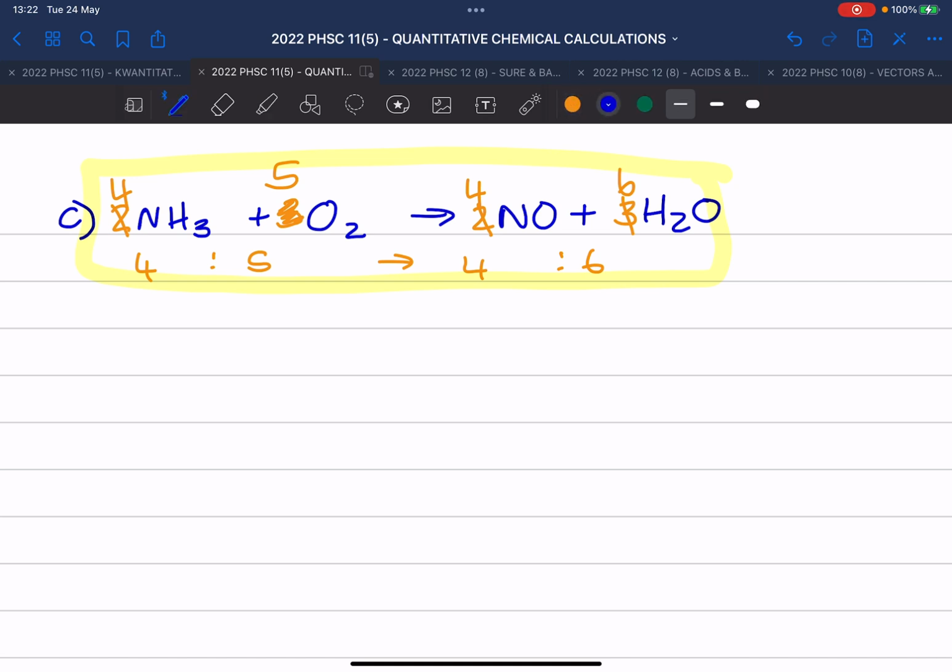So I have mole, beginning, change, end. Okay, and I know I start with 0 of this and 0 of that. What did they say? What do I start with, ammonia and oxygen, in the question?